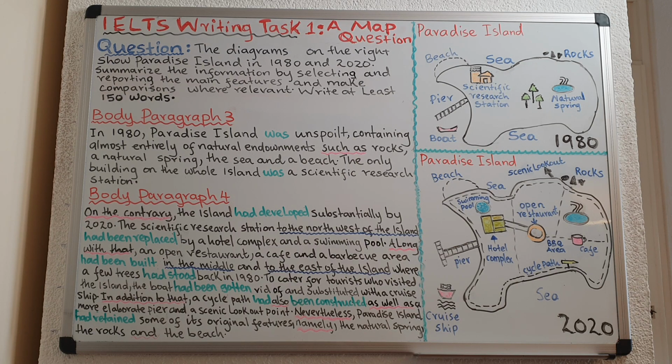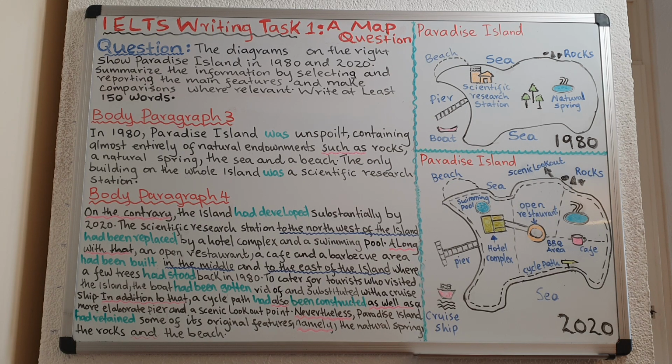I have given you some tips that should help you if you get a map question in your task 1, to know exactly what things you need to include. Remember, what you should write your body paragraph 3 about is the first map. Remember to write body paragraph 3 in the past tense. And when it comes to body paragraph 4, remember to compare and contrast.